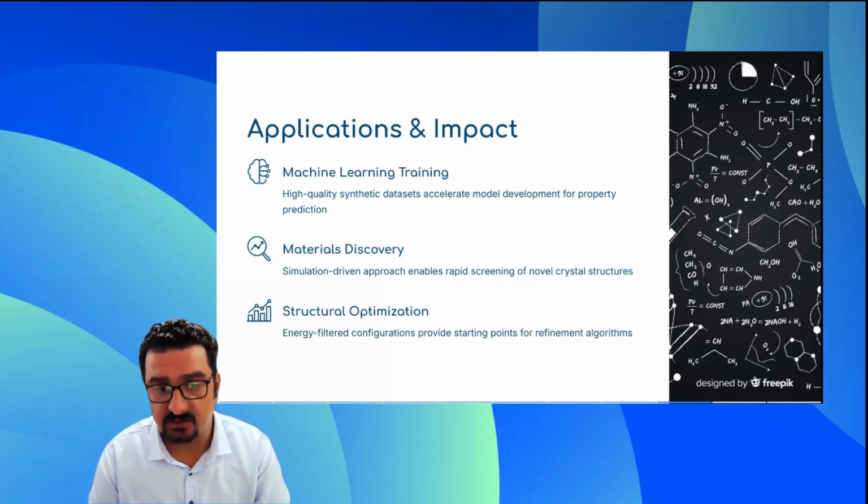These structures are already thermodynamically plausible, which makes them ideal inputs for refinement algorithms used in computational material design. Overall, this framework bridges simulation and machine learning, offering a scalable and efficient pathway for advancing materials science.